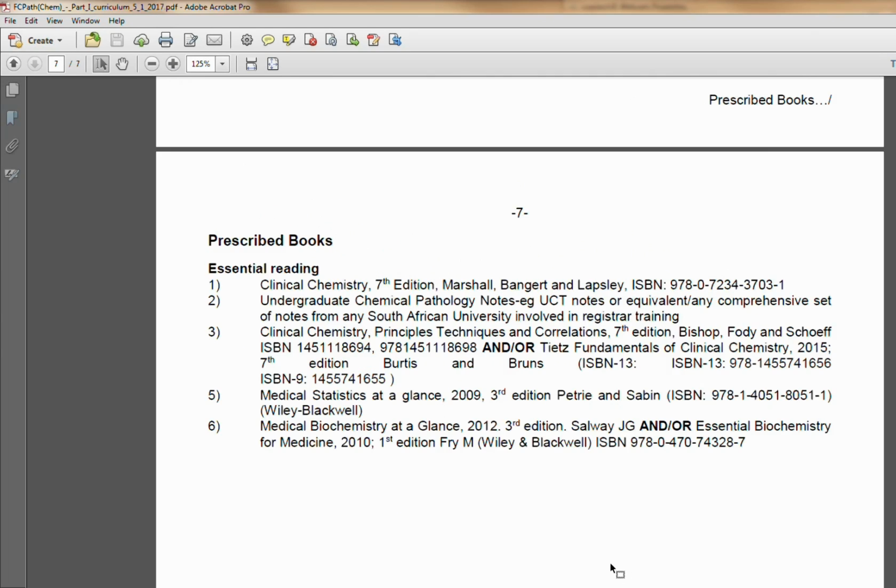And the last section illustrates the recommended books that you should be using, the suggested books that would, in most people's view, put you in the best position to tackle this exam.